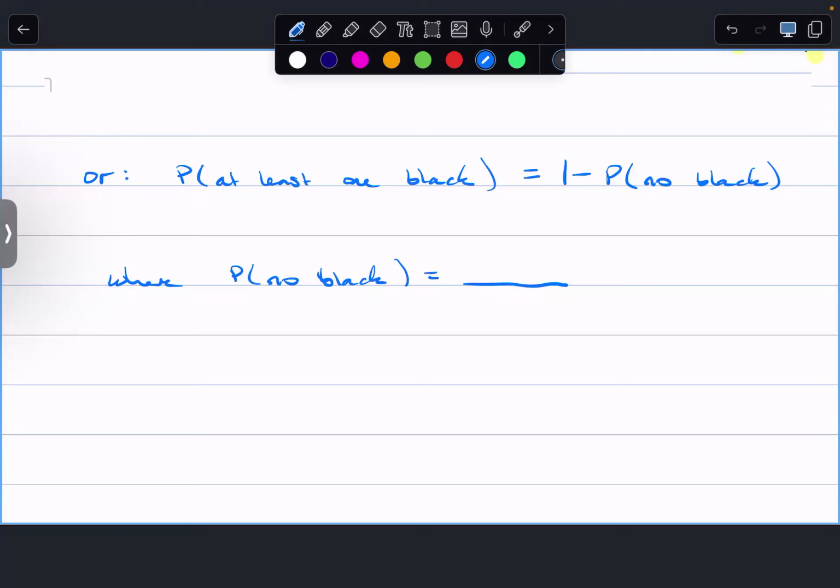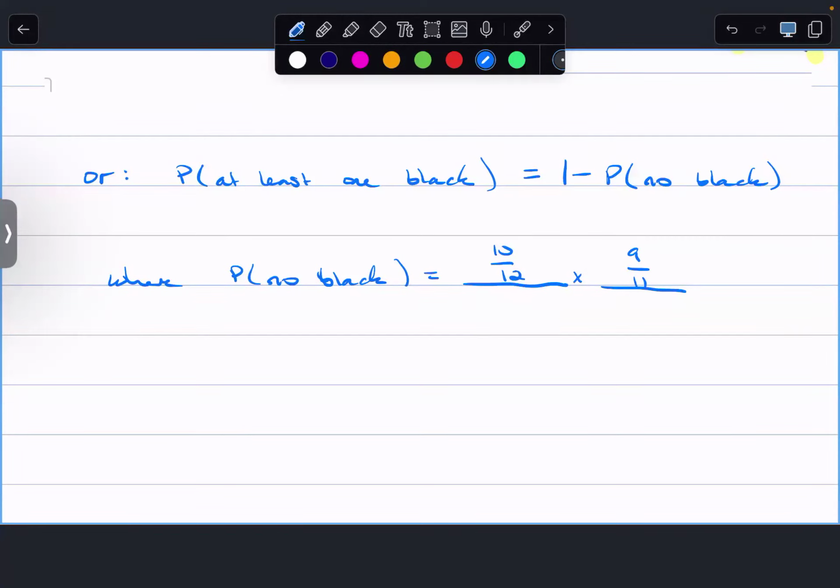Now there were only 2 black ones out of 12, and so I have 10 out of 12 times the second non-black sock, I have 9 out of 11. And then take that away from 1, right? And you'll find the same probabilities. That's the good and the bad part of all these probability questions, is that there are lots of different ways that we can approach it.